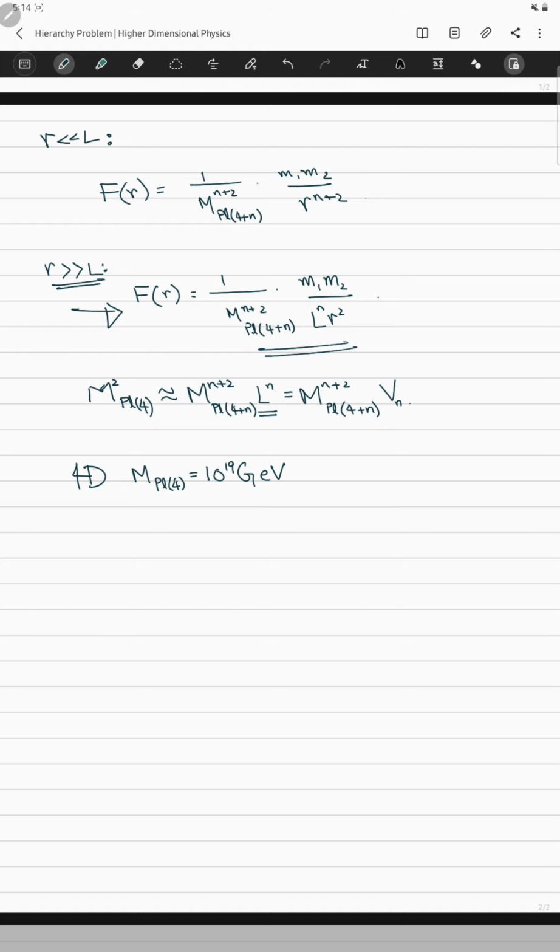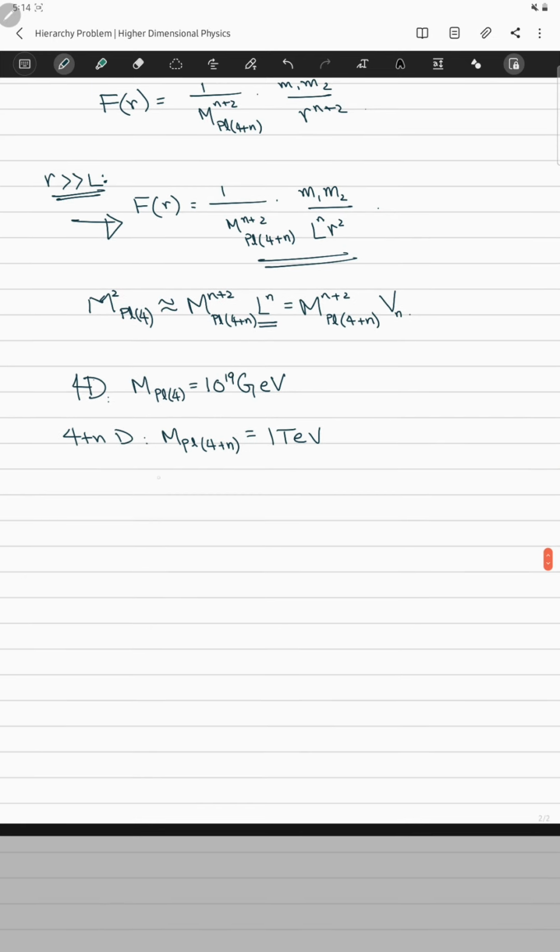And the fundamental scale, which would be your, of course, 4 plus n D, so that would be M_Pl(4+n), is approximately 1 tera electron volts. So just take the ratio of these two, and what you get is the size of the extra dimensions.